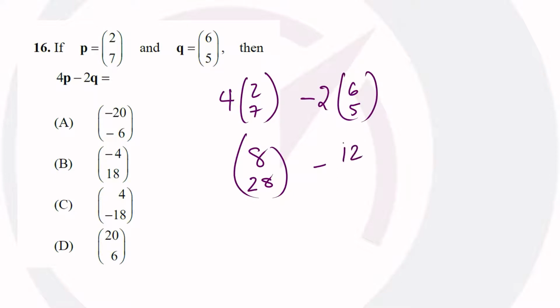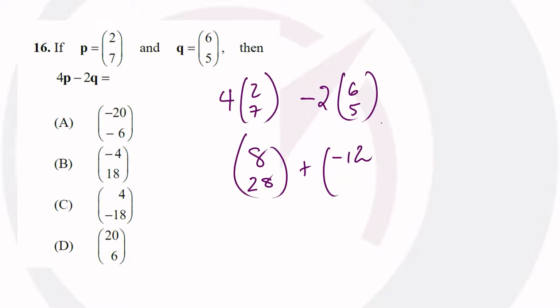Let's do it like this. Because it's negative, let's distribute it and say plus negative 2. So negative 2 times 6 gives us negative 12. And then we can say what?